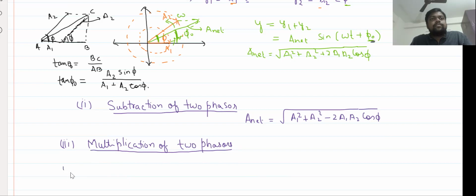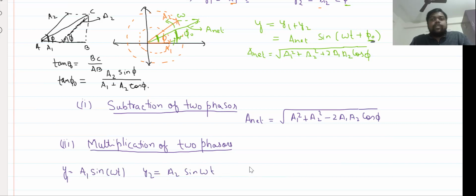We are using these two phasors only. y1 is equal to A1 sine omega t, and same y2 is equal to A2 sine omega t.